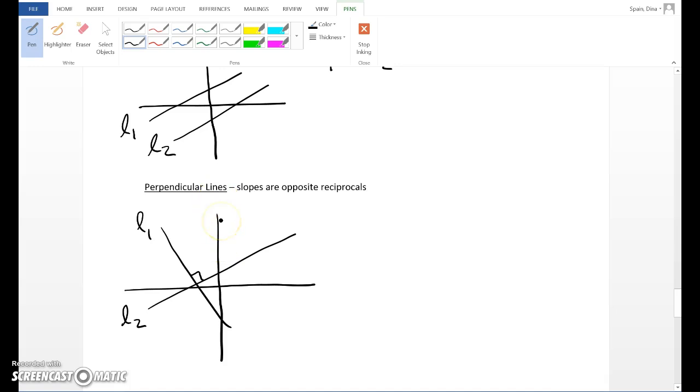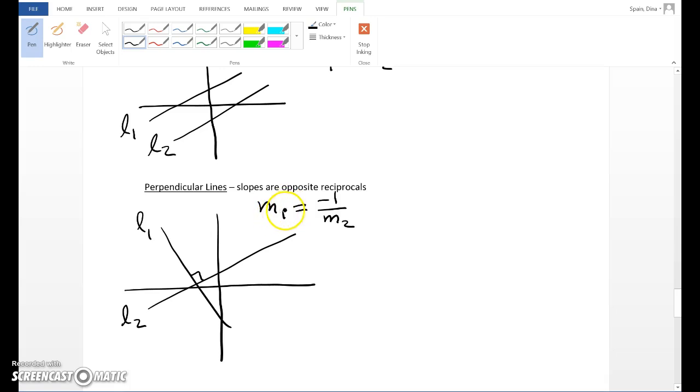That's what perpendicular means. So their slopes are opposite reciprocals. That means M1 is equal to the opposite reciprocal of M2. You've got to flip it over and take the opposite of it. Some books would say M1 times M2 is equal to -1. It's saying the exact same thing.